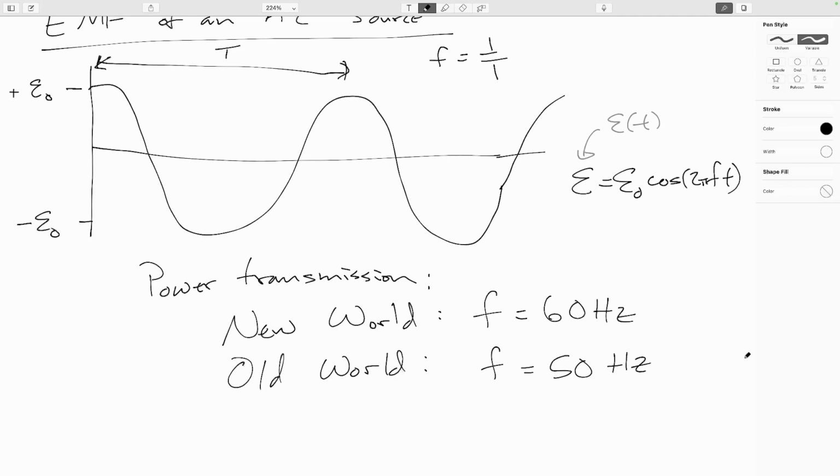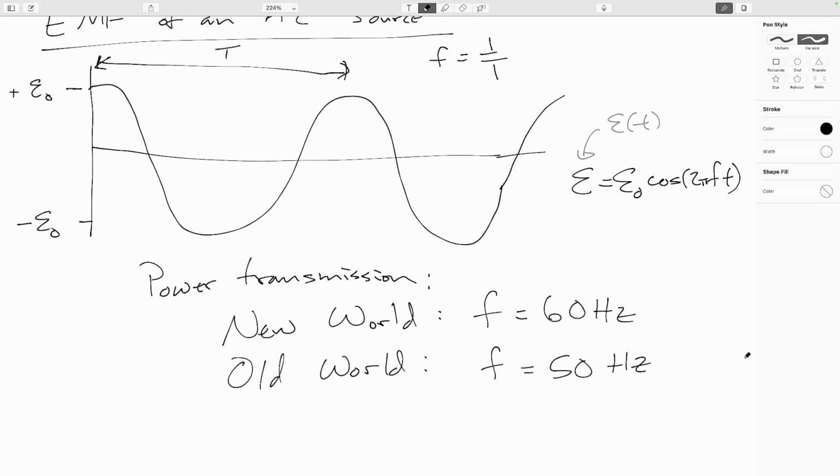In the Old World, they said, well, 50 is half of 100, so that was basically the choice they made. It was just a nice computationally convenient number. There's nothing really to pick between one or the other.